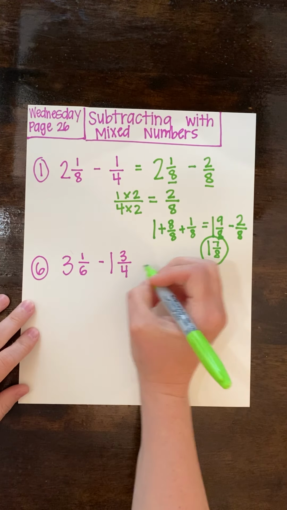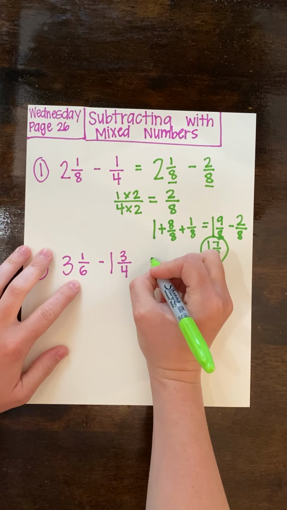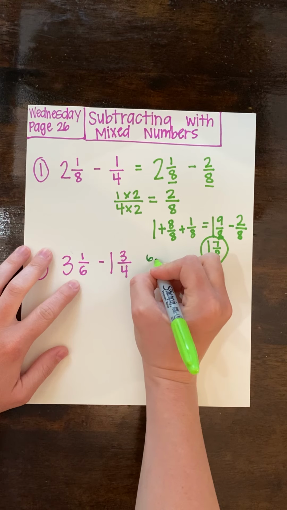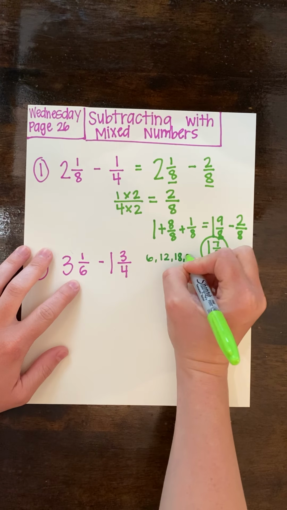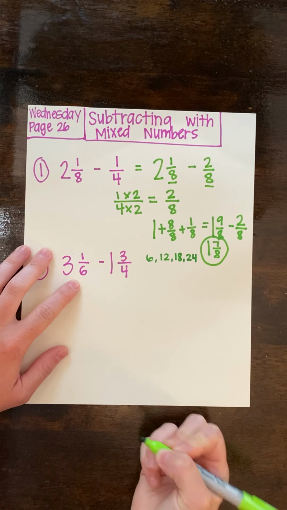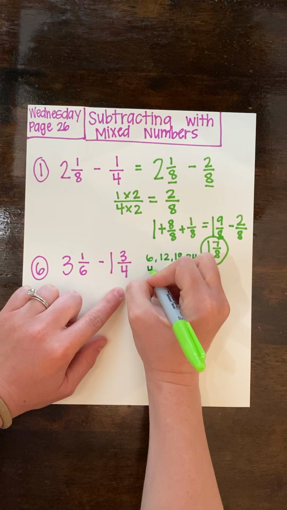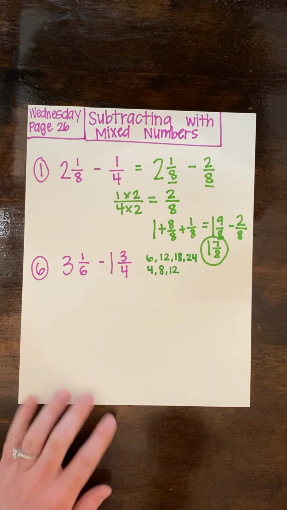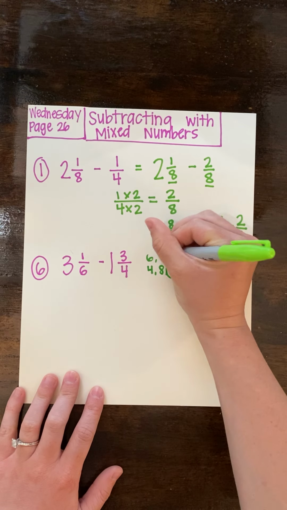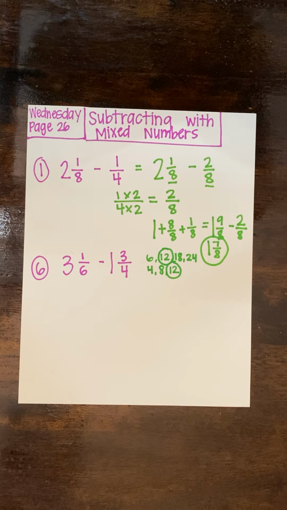So I'm going to start writing down the multiples of both 6 and 4. So I have 6, 12, 18, and 24. Then I'll write down the multiples of 4. 4, 8, 12. And just like that, I've found the least common multiple, which is 12.